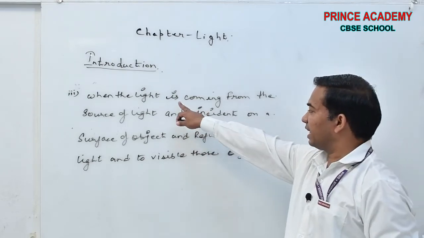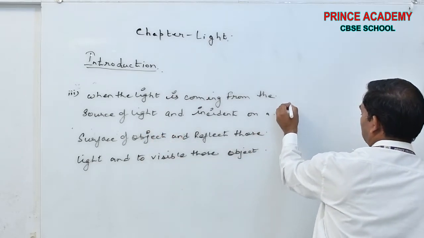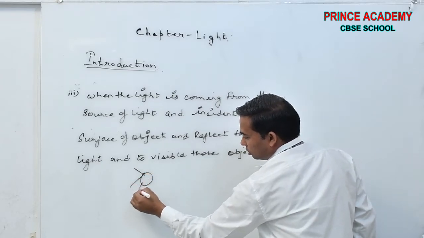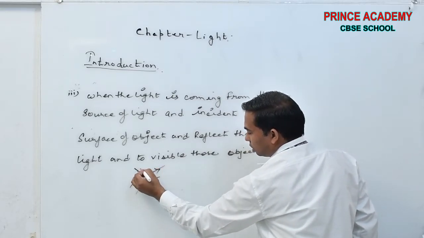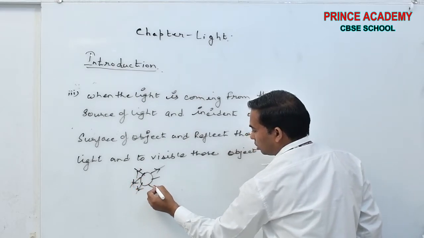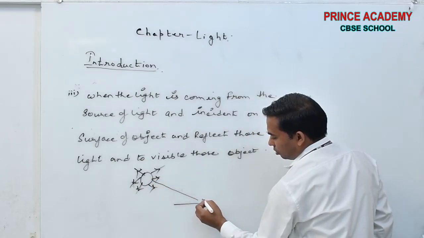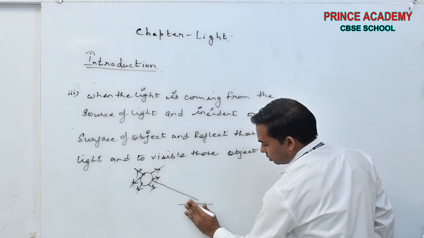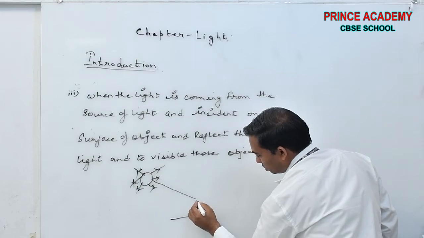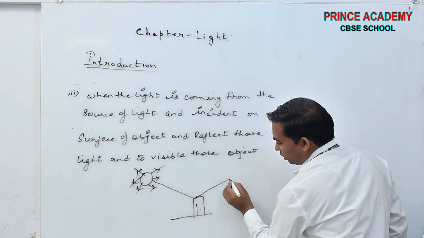What is the meaning? When the light is coming from the source of light, the sun, it is incident on an object and it can be reflected.